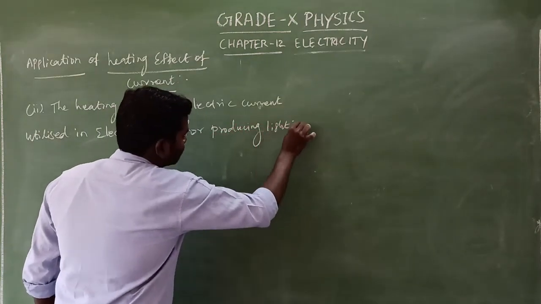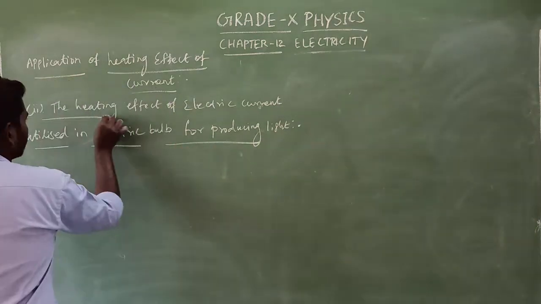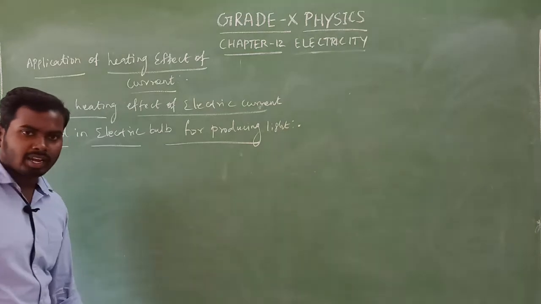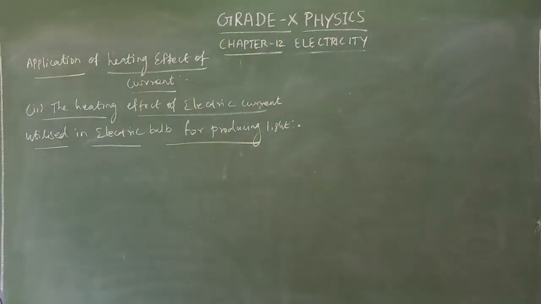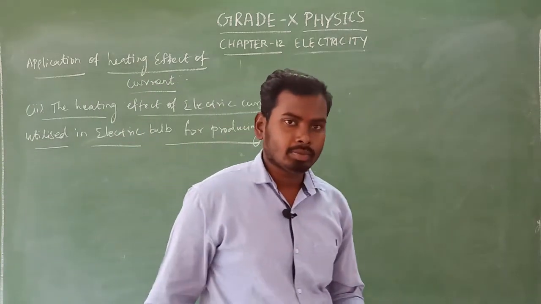So this is what one? Second one. Okay, students? Yes. This is second one. The second application of the heating effect of electric current is the heating effect of electric current utilized in electric bulb for producing light.